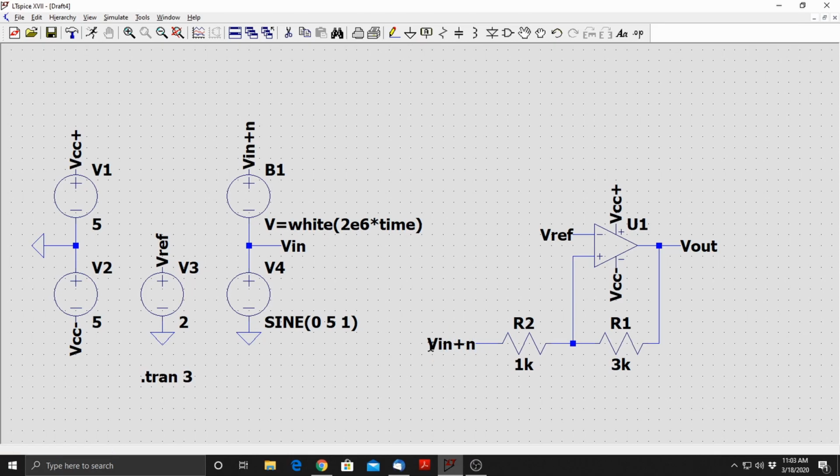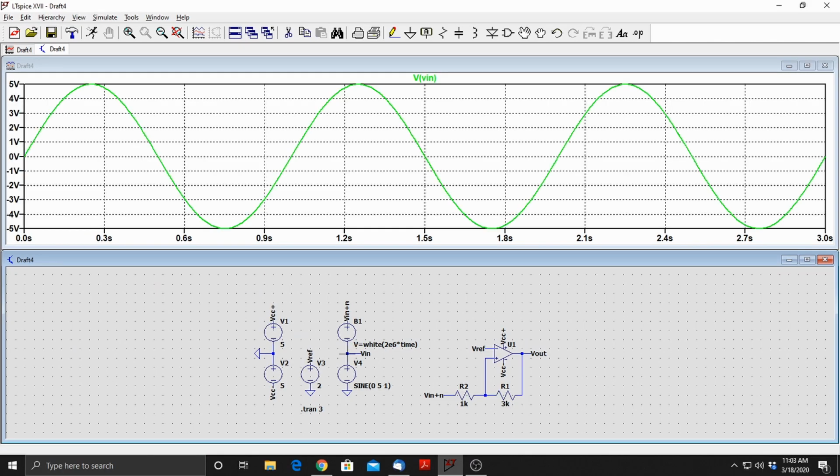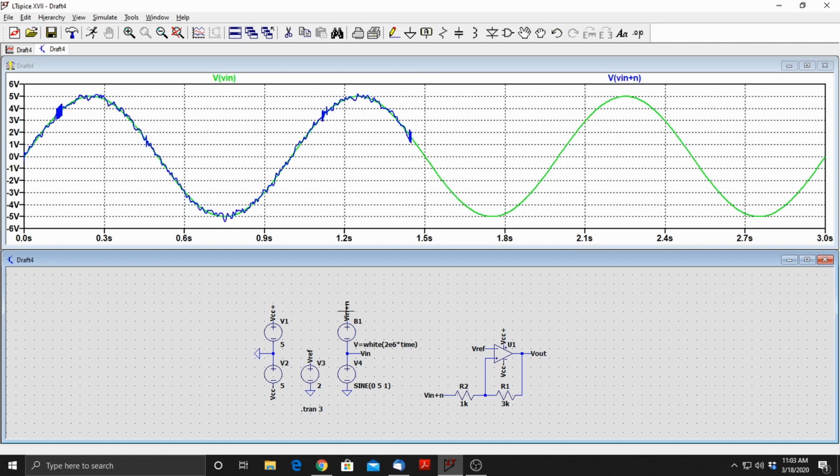And run our simulation. So if we look at our input voltage and our noise, and now we look at this output, we can see that we no longer get those weird thick vertical lines.